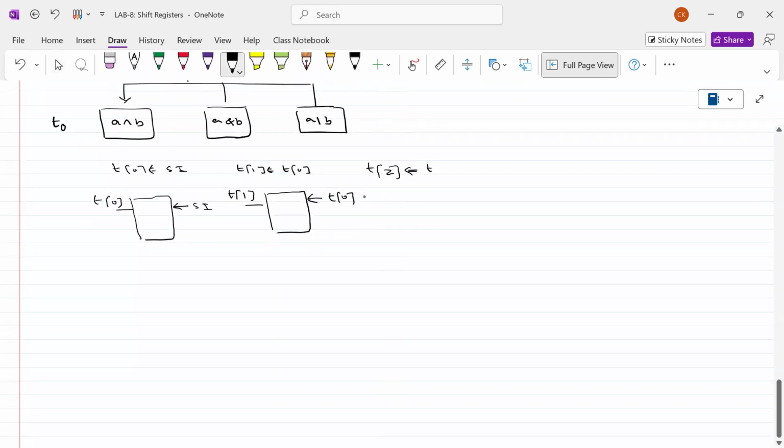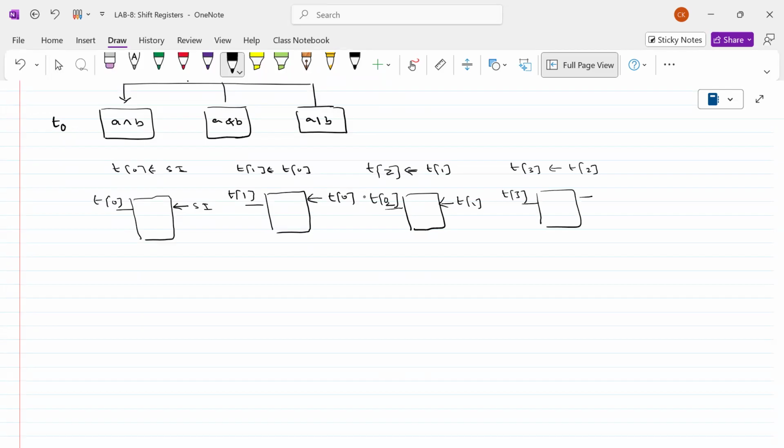So T of 1 stands for the input, and this is T of 0. Sorry, T of 2. Next, T of 3 is assigned with T of 2.